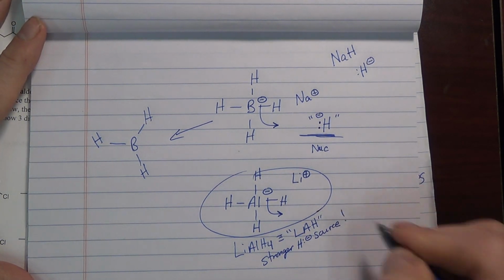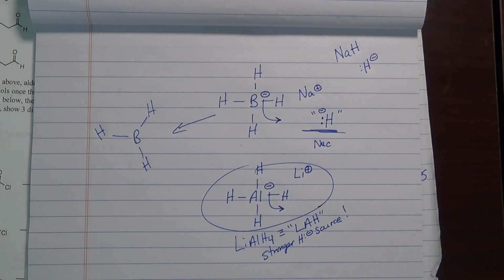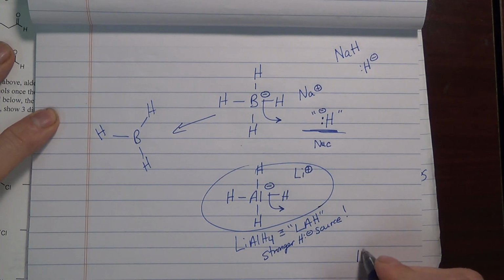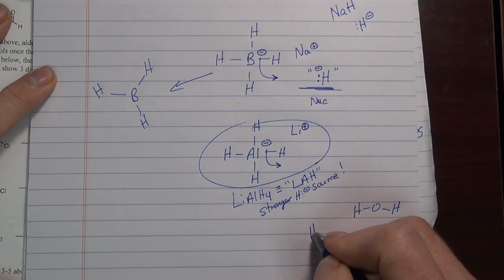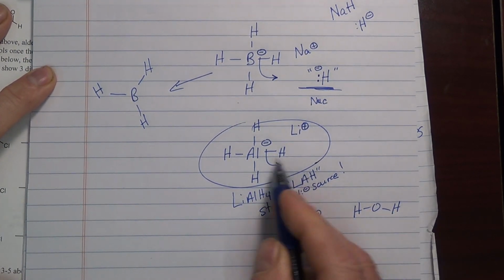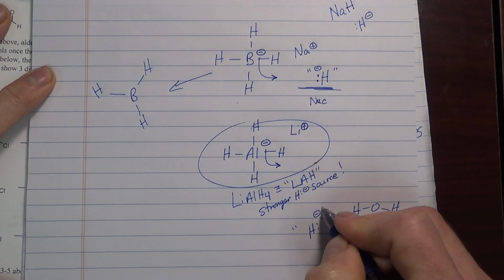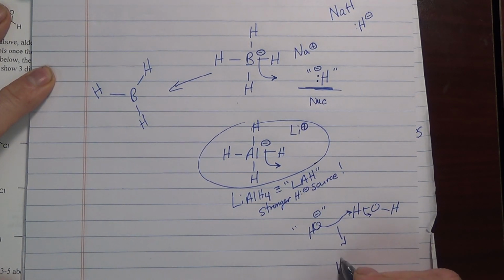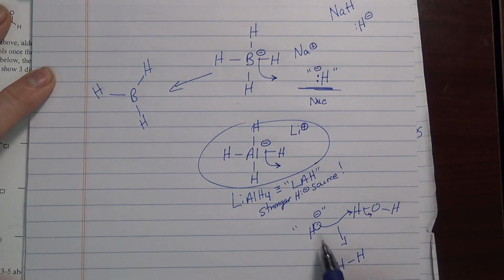All right. And there are some practical consequences of that. It also tends to be a little bit more dangerous to use. It's more prone to causing fires, because if you have water around, and H minus, which this is essentially an H minus source, these electrons can take an H, and you will generate HH.